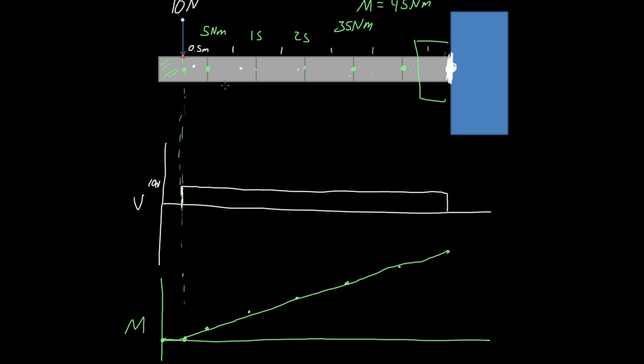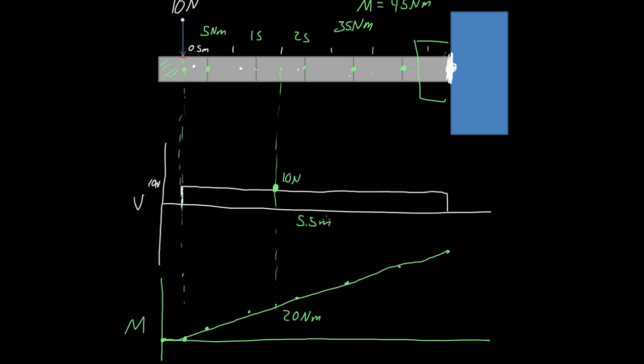So we can look anywhere in this beam, we can just go straight down. We can see the shear, which would be right there, which is 10 newtons. And we can see the moment. And that moment would probably be 20 Newton meters. Now notice, this length right here is 5.5 meters.